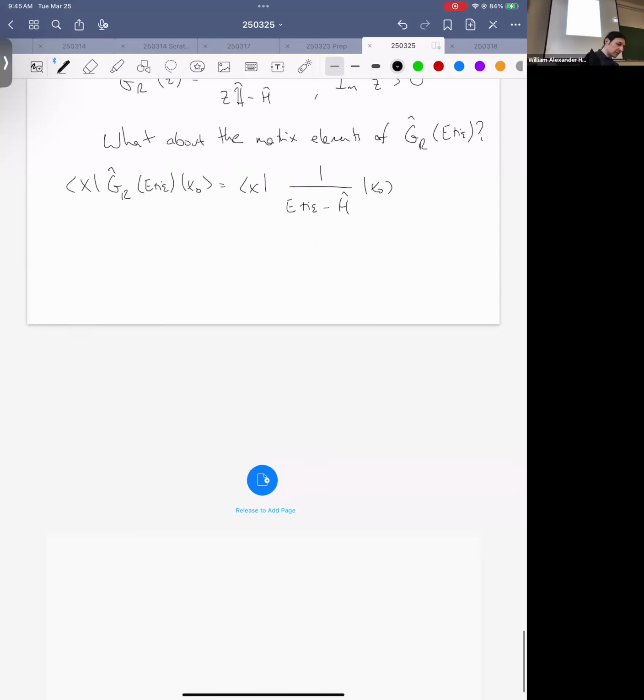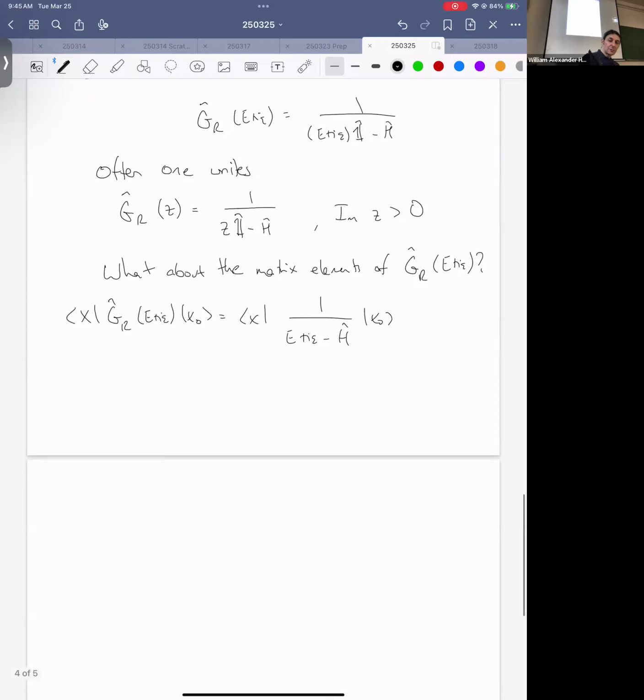I think we've clarified that fully, and that's a reasonable shorthand. This is not so easy to look at or to deal with, so let's insert a 1, in particular a decomposition in the energy eigenstates. There might be a continuous part of the spectrum, and then there'll be an integral, but let's just write it as a sum for now.